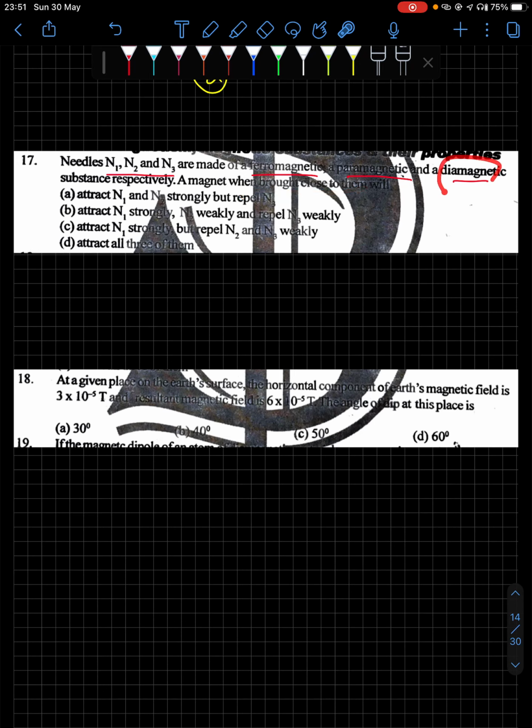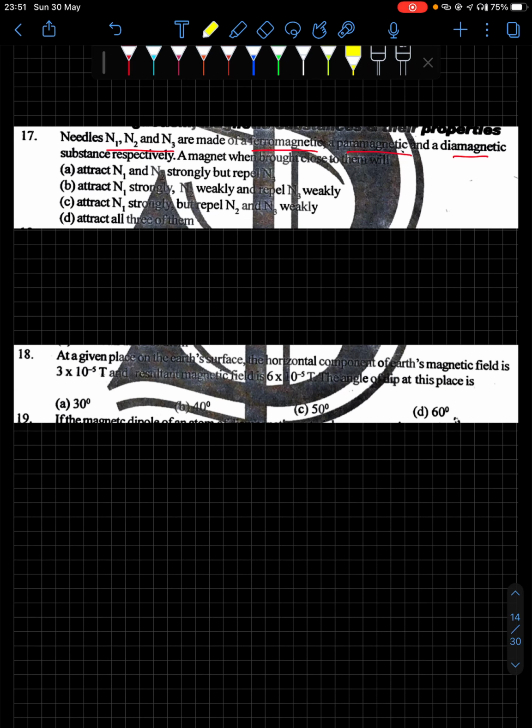We know that diamagnetic will be repelled, because whenever you place a diamagnetic substance in a magnetic field, it is feebly repelled. We read this point previously. Paramagnetic is weakly attracted and ferromagnetic is very strongly attracted. So the magnet will attract N1 and N2 strongly but repel N3, because N3 is diamagnetic.